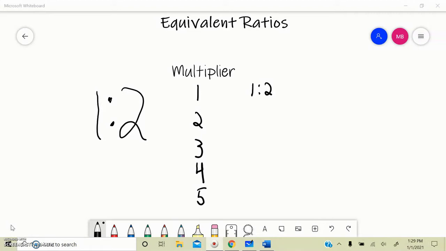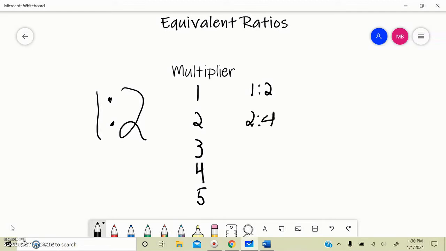Right now, I'm going to show you how to use the multiplication aspect. So with our ratio of 1 to 2, we have the multiplier of 1, which anything times 1 becomes itself. Now, if we multiply this ratio by 2, we would get 2 to 4.